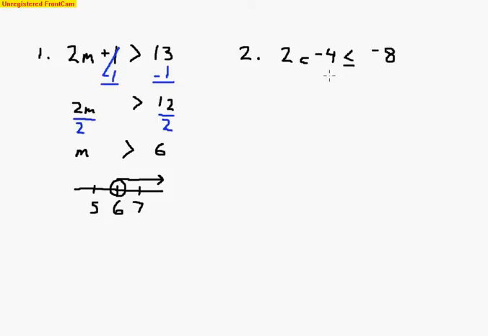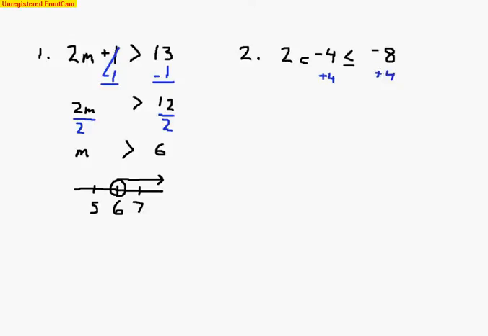And so the first step, again, is to isolate the variable c. So we want to remove this minus 4. So the way we're going to do that is to do the opposite of a minus 4, which is plus 4. So we'll add 4 to both sides.